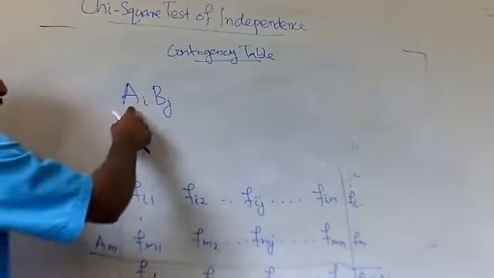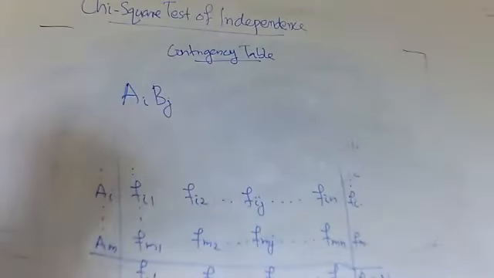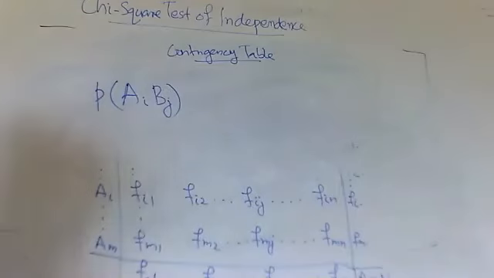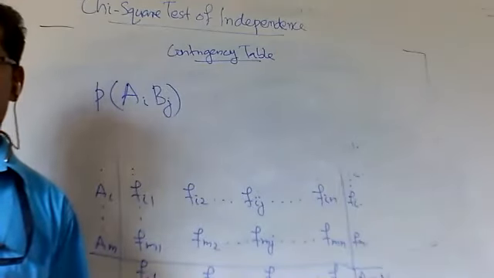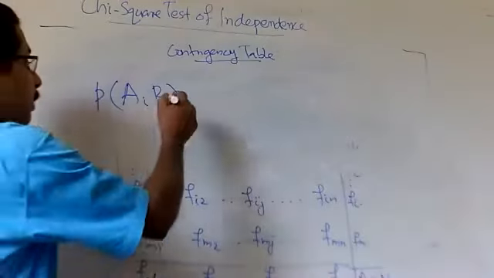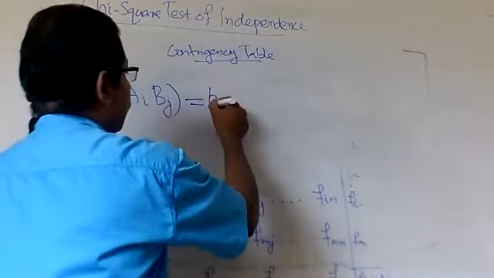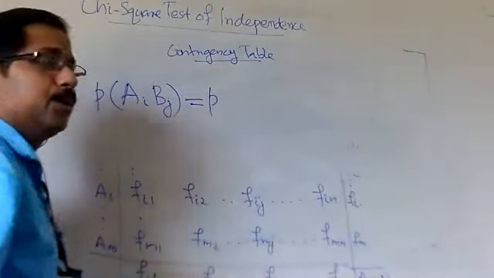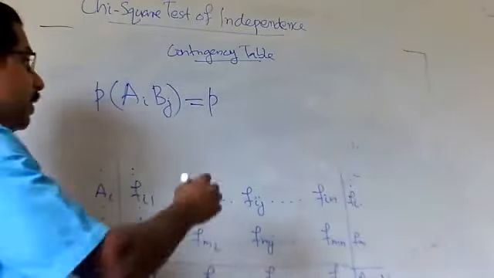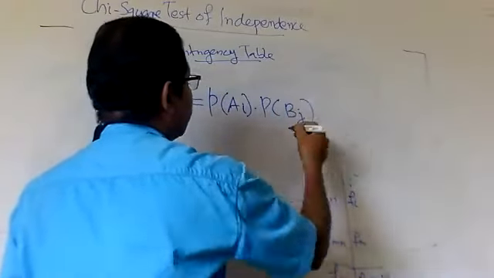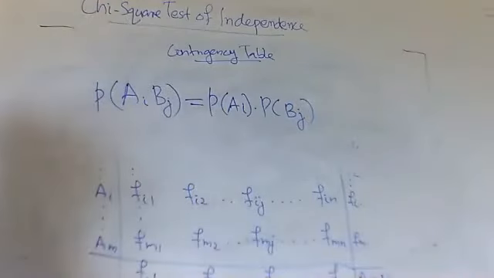Ai means the ith category of attribute A, Bj means the jth category of attribute B. If H naught is true, these two attributes are independent. Then from probability theory, the probability of A and B is the probability of A into the probability of B if A and B are independent. So this can be written as the probability of Ai into the probability of Bj.